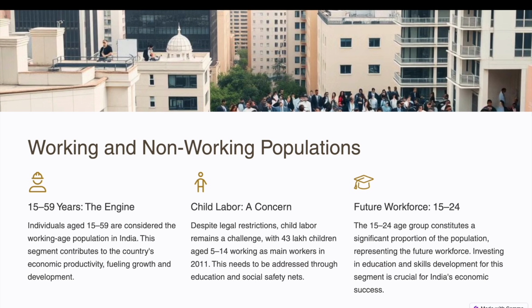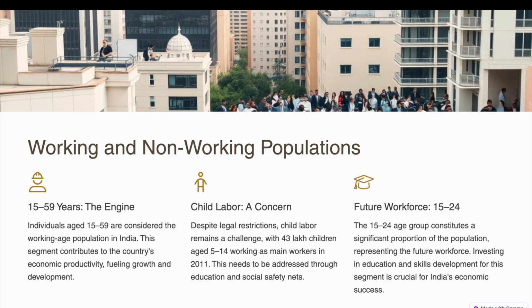In states like Haryana, Punjab, Delhi, and Uttarakhand, the drop in the number of girls aged 0 to 6 years is notably higher compared to boys. This suggests a gender imbalance at birth, pointing to societal issues like gender preference.